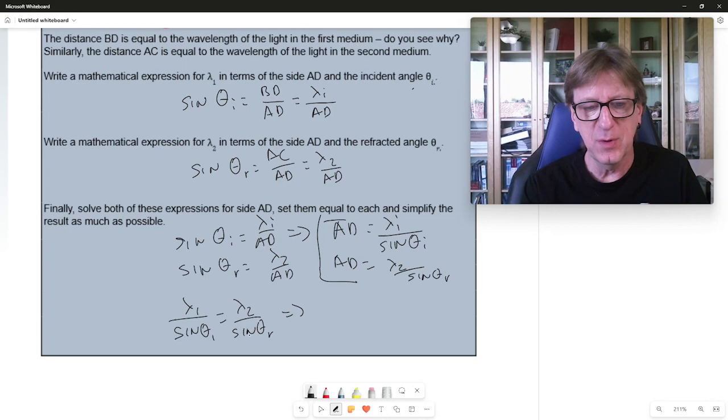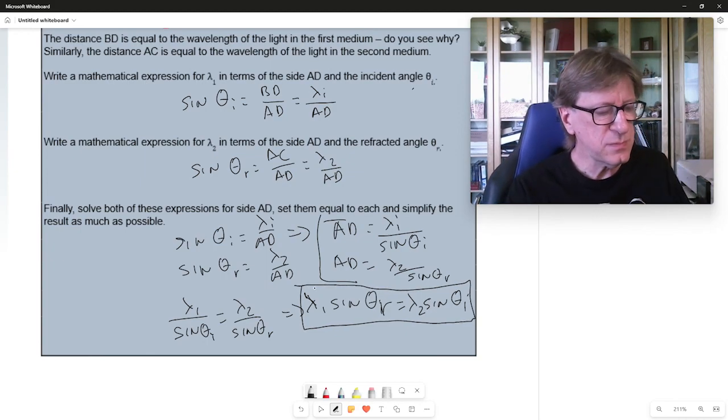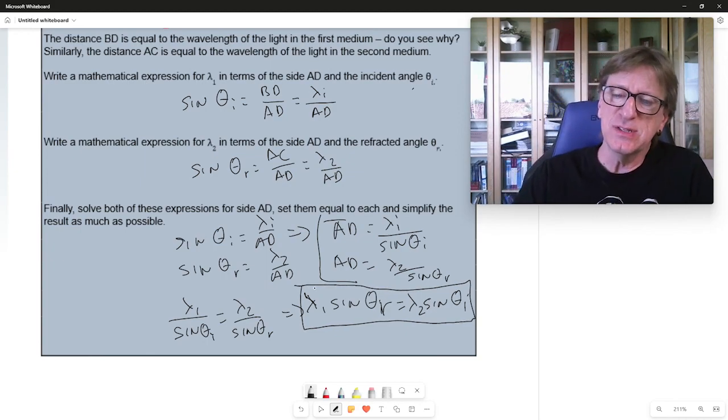If I multiply both sides by sine theta r and both sides by sine theta I, then I get lambda 1 times sine theta r must equal lambda 2 times sine theta I. Right there. So this expression is called Snell's law.